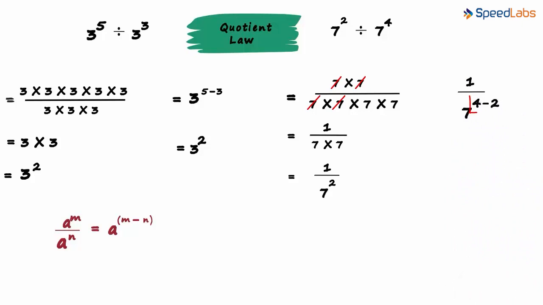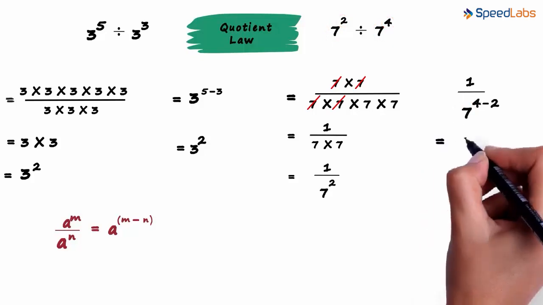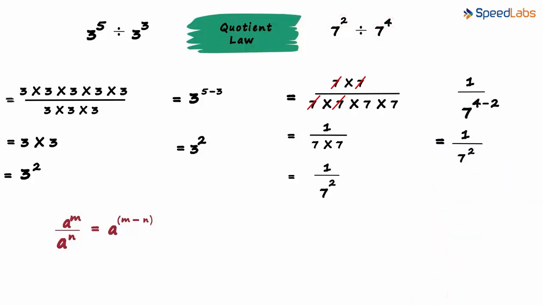We subtracted the exponents, yes, but this time we kept the number in the denominator. We wrote it as 1 divided by 7 raised to 4 minus 2. This 7 is same as the base in both cases, and we subtracted the exponents over it. This gives us 1 divided by 7 raised to 2, the same answer we got earlier.